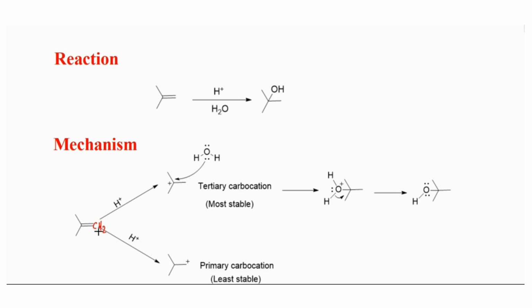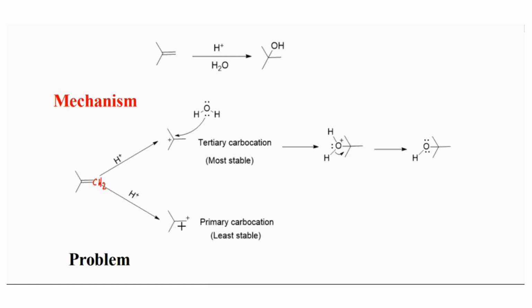Suppose if it is on the second carbon, then this will be the primary carbocation. So this is the primary carbocation, and this one is the tertiary carbocation. As we learned, the tertiary carbocation is more stable than secondary than primary. So why is this most stable?